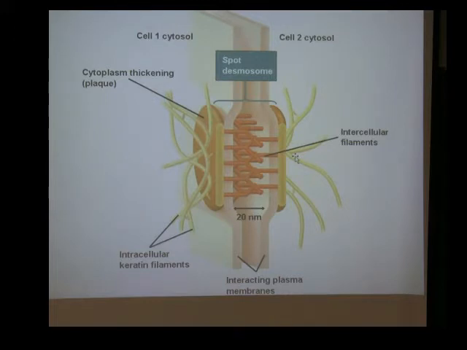It's not permanent, but it's pretty strong, and that's exactly what we have here, quite a strong connection. So where there's going to be a lot of stretching and movement, we would want to have a lot of desmosomes.